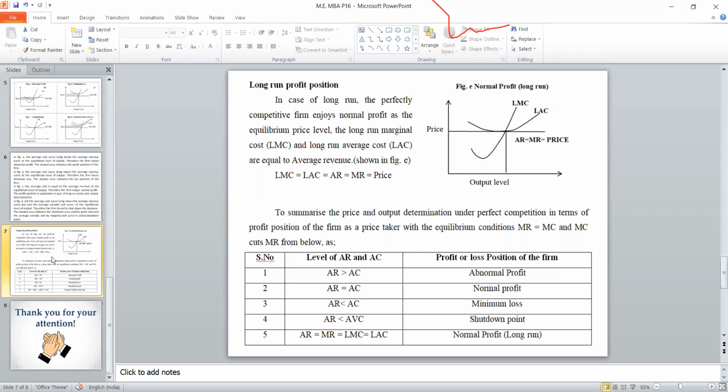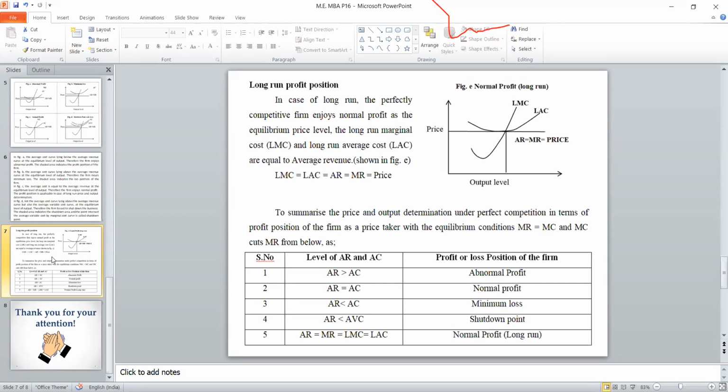Because the prices are uniform and anybody can enter the market and get out from the market, and there is perfect knowledge about the market both from the seller side and the buyer side, and perfect mobility of factors. Because of these conditions, it is not possible to determine the price and output separately. Only the profit position we can say. Based on the profit position only, the price range will differ and the output level will differ.